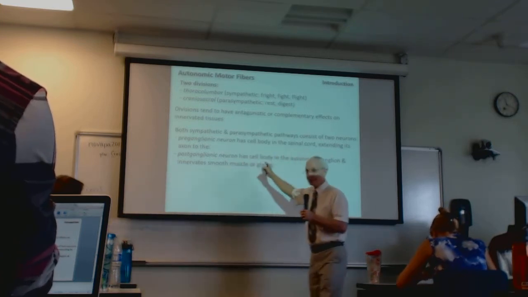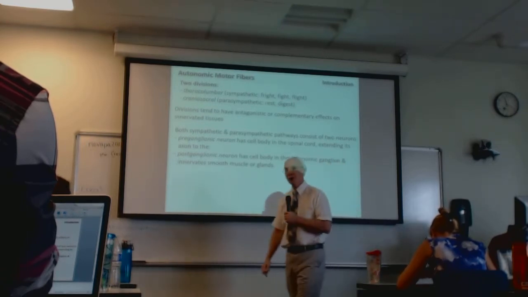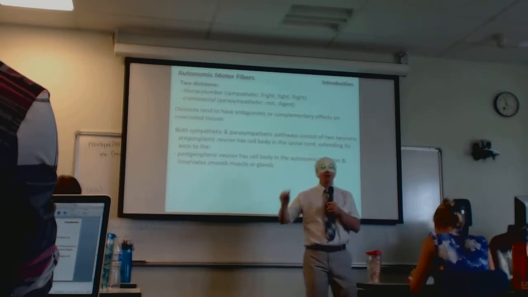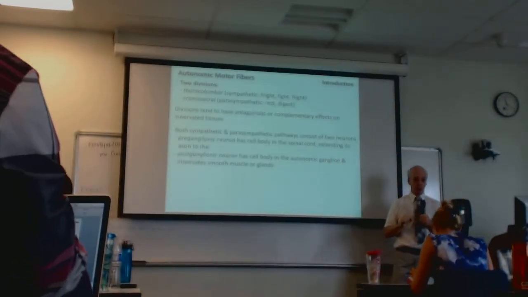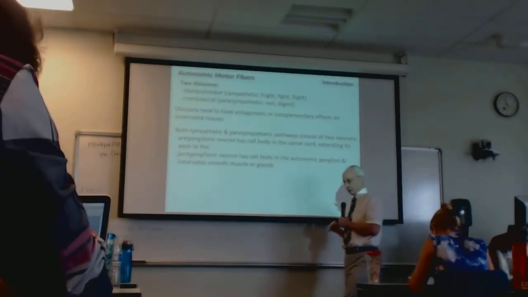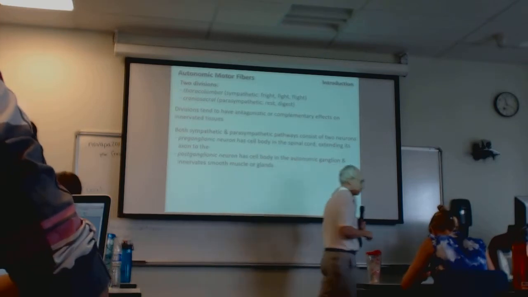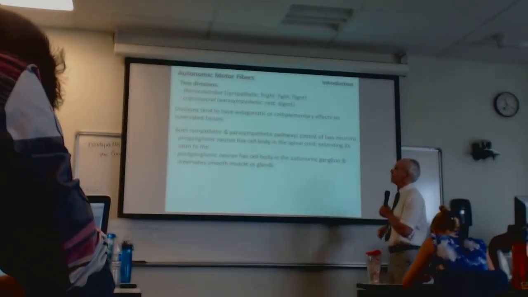But the ANS is different. Virtually all autonomic pathways, and you're going to yell at me later if I say that, involve two neurons between the cord and the effector, such as the GI tract, or the sweat gland, or something like that.